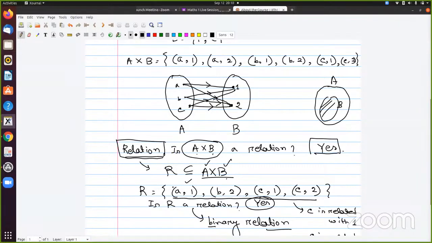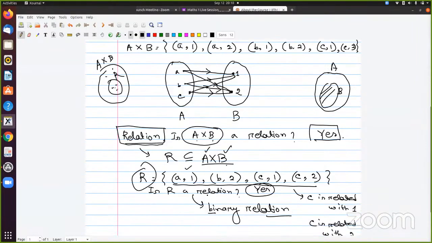R should be inside A cross B. So if this is your A cross B, R should be inside that. There can be some element which is in A cross B but may not be in R. That is okay. But all elements of R should be inside A cross B. Is this true? Yes, sir. So that is the definition of subset. Clear? Okay, great.